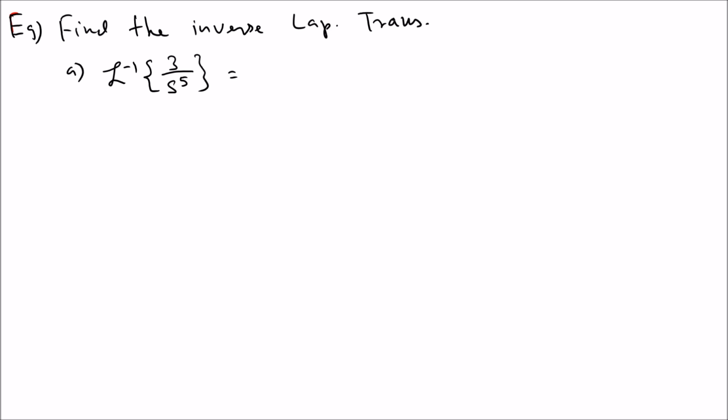If you get something like that, what we're going to do is match with the formula. In the formula, we have s to the n plus 1. So the formula is that the Laplace transform of t to the n is n factorial over s to the n plus 1.